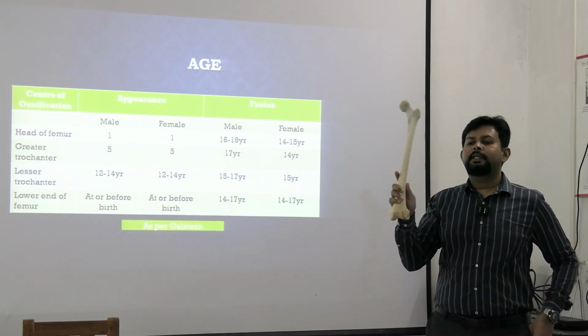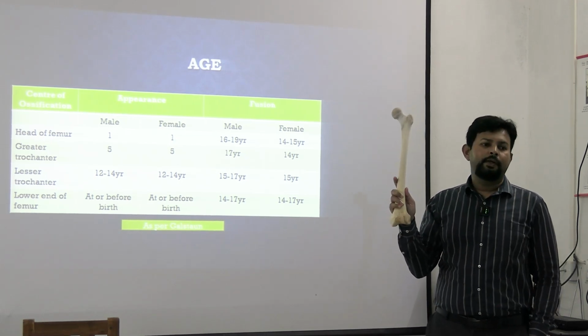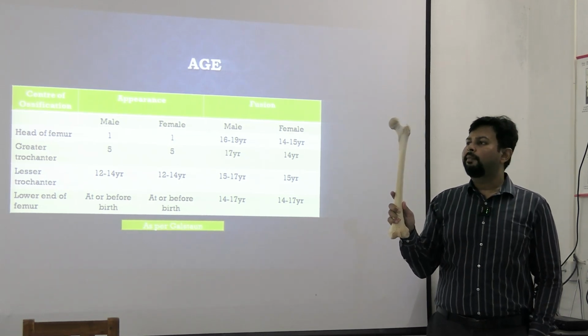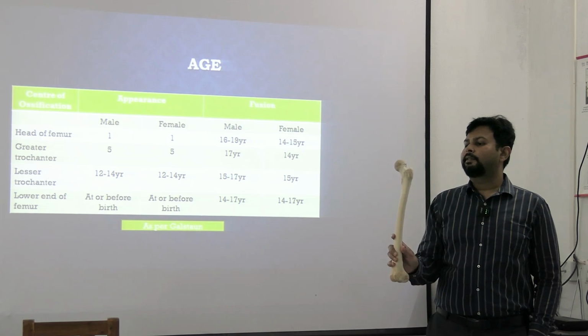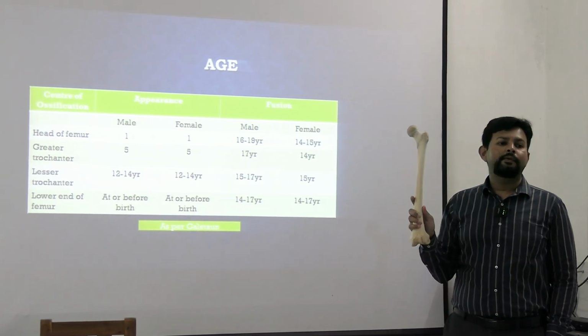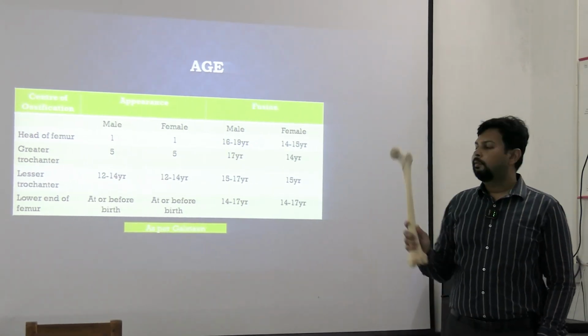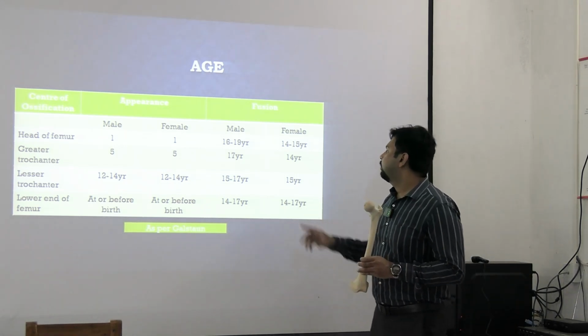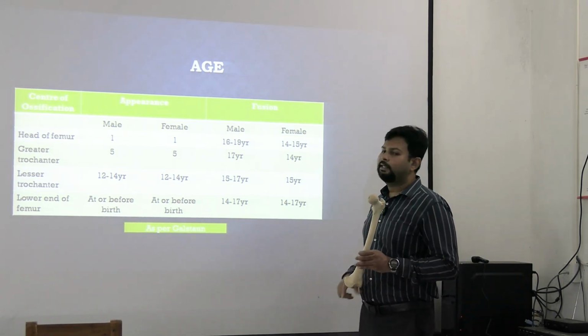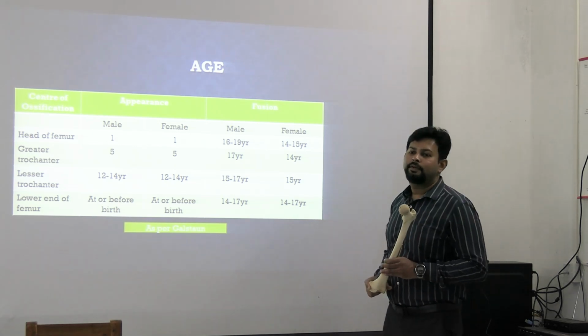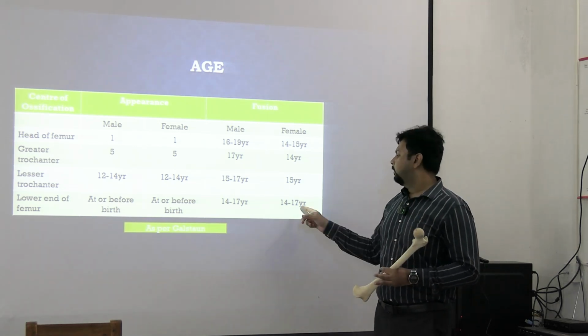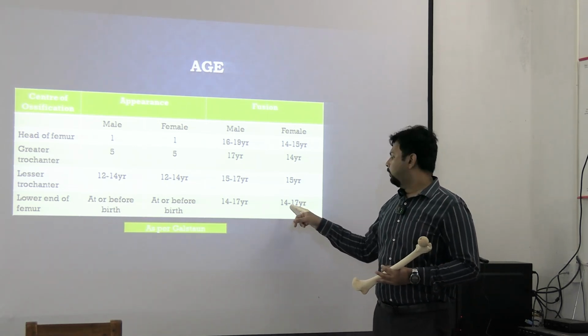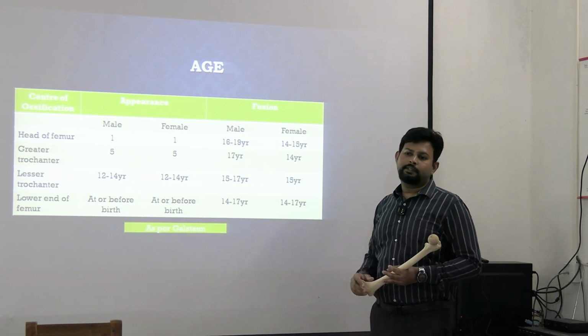Okay, if you consider it as female, what would be the age? More than 17. How? For female, which value is 17? This one. So it says 14 to 17 years.